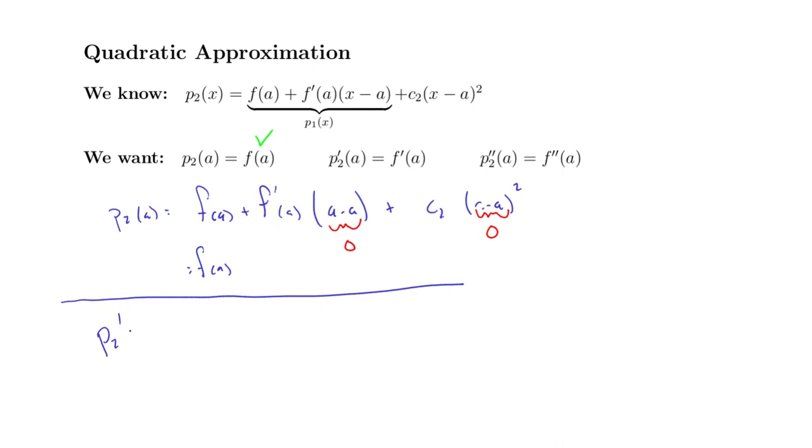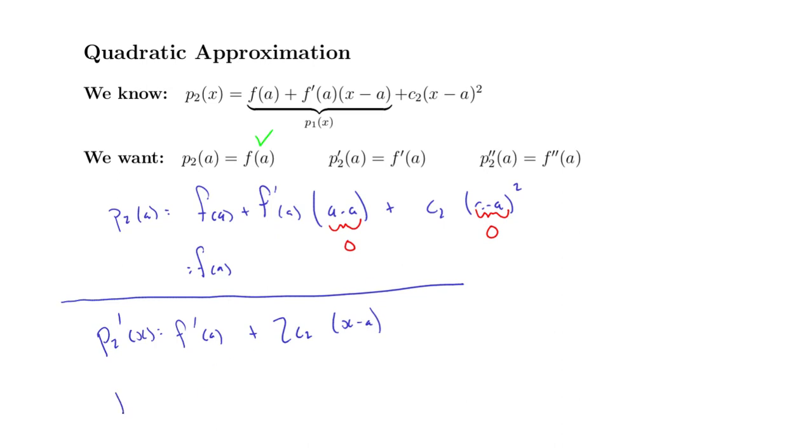All right, let's try the second requirement that we have. P sub 2 prime of x is equal to, that's a constant, so that goes to 0. This is linear, so we just have f prime of a, plus the derivative of this quadratic term, which is 2c2 times x minus a.